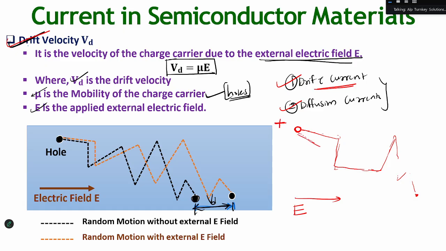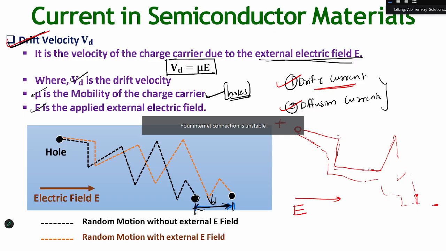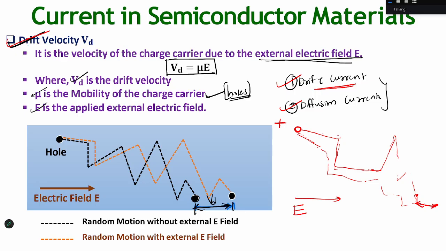Holes have positive charge, so this will repel them. Applying the voltage changes its trajectory, and it comes to a different final state. So there is a change in the trajectory at the final state.